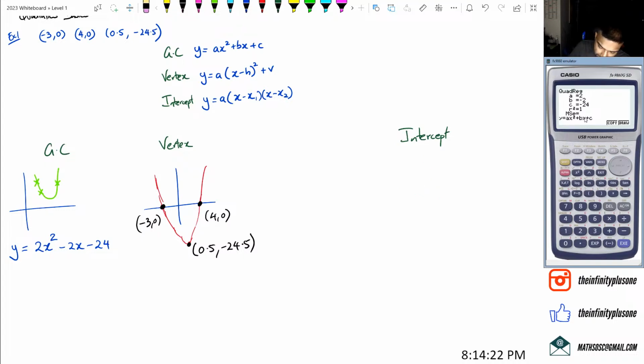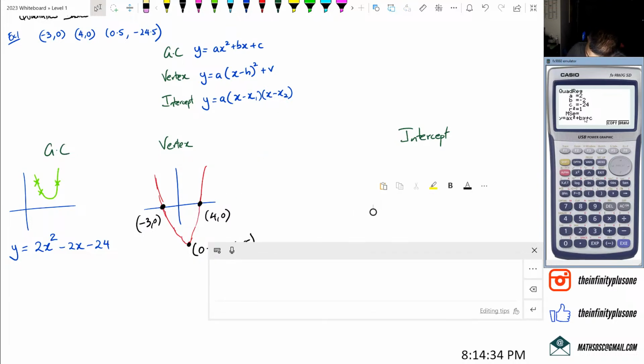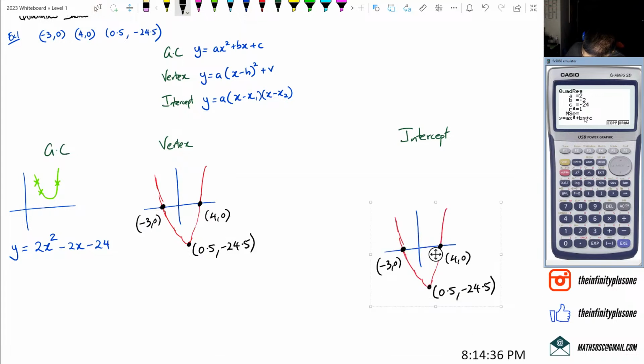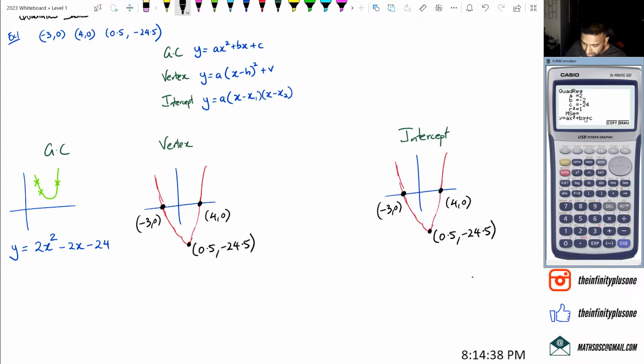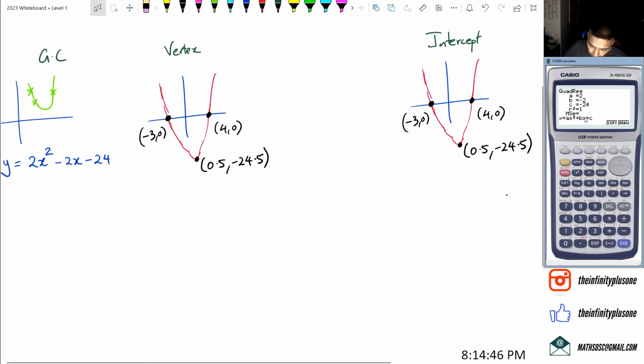What I'm also going to do is keep this same graph. I'm going to copy this same graph, and paste, because I want to show you how doing both of these methods works out. So, vertex form.